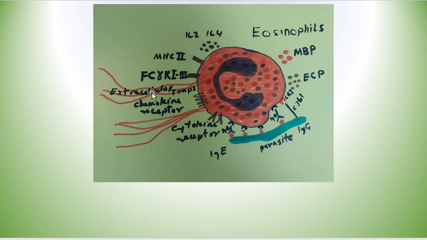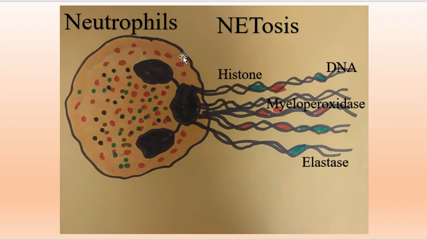And these extracellular traps are similar to extracellular traps expressed by the neutrophils. As can be seen here, neutrophils modify their chromatin, and they produce these fibers or filaments together with histones, DNA, myeloperoxidase, and elastase. They can trap microorganisms together with platelets, as they are very sticky.